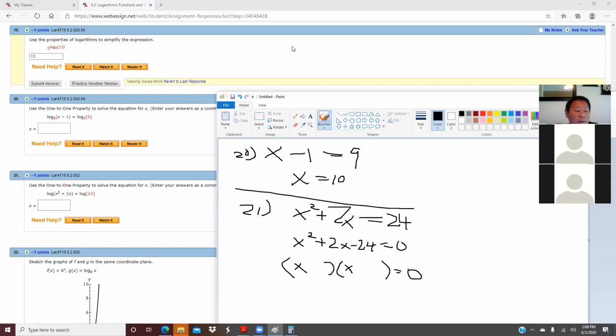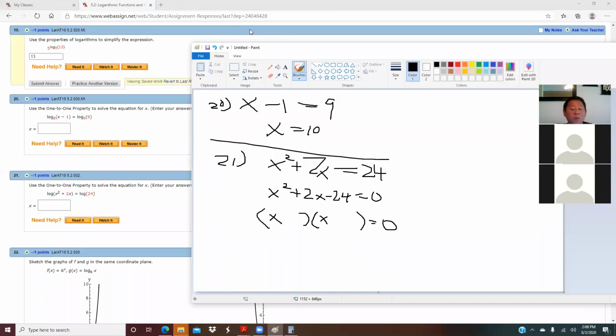What two numbers? Yep, positive 6 and negative 4. This gives negative 24 when you multiply, and when you add, you get positive 2. So x in this case is negative 6, and x in this case is 4. So in question 21, you got two answers. Okay. You guys all right here?